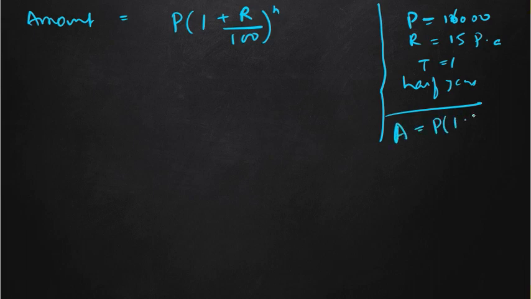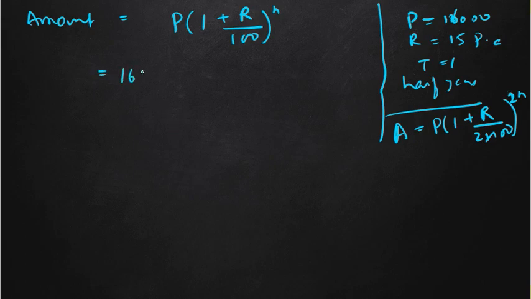That half yearly amount is p into 1 plus r by 2 into 100 power 2n. This is the formula. So if you don't want to change the rate of interest and time, then you can use this formula for half yearly term. And if you have changed, because we are dealing with the half yearly one, so you have to multiply n by 2 and divide the r by 2. Then you can use the normal formula. Okay, answer will be same.